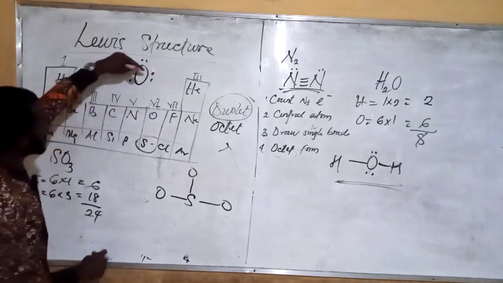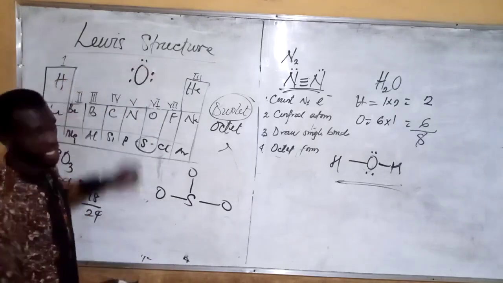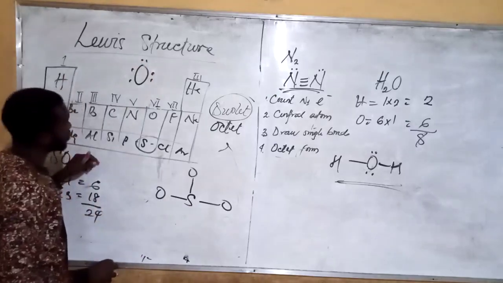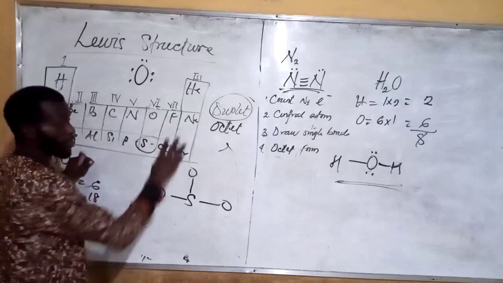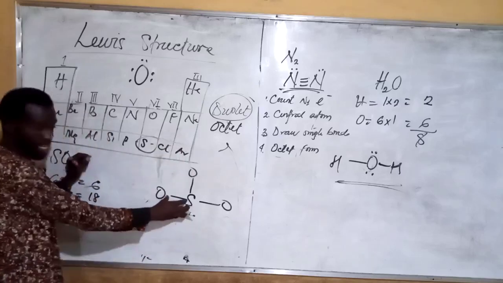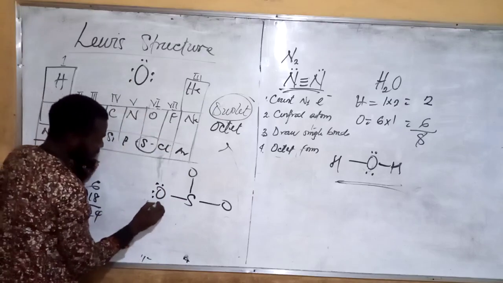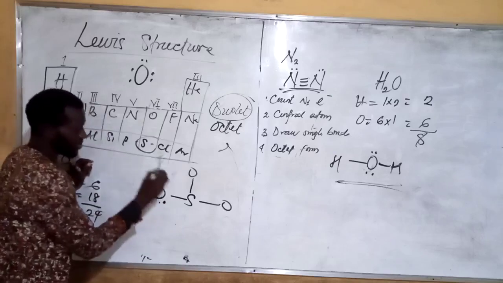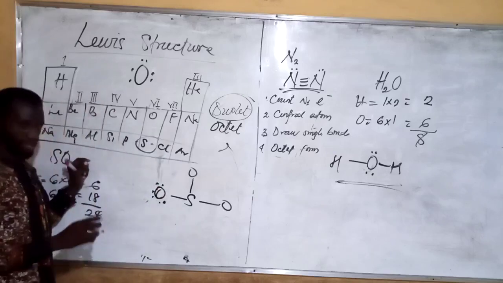It has shared 2 electrons with this guy. Sulfur is also number 6, right? So sulfur has brought its own 2 electrons here. So this guy is going to have 1, 2, 3, 4, 5, 6 to have a stable octet. So when we count the number of electrons on this guy, we're going to have 1, 2, 3, 4, 5, 6, 7, 8. Is that okay?